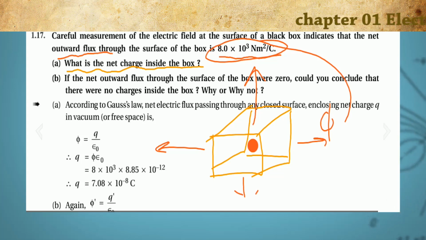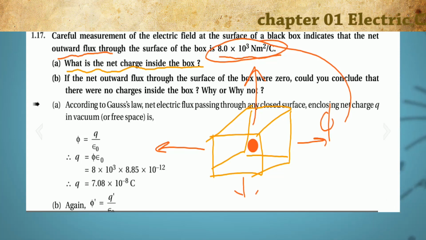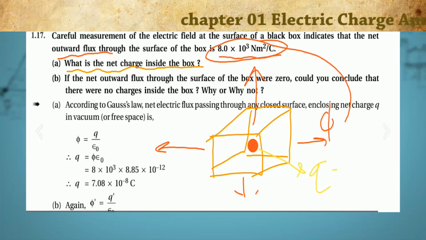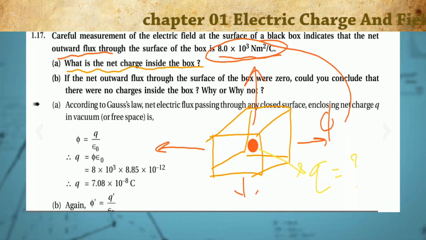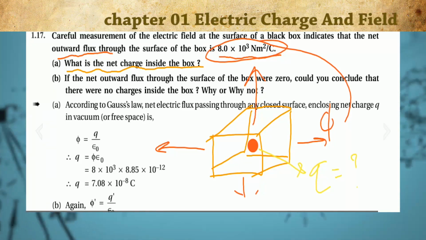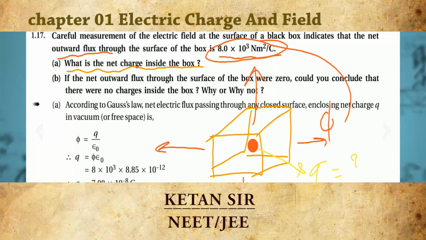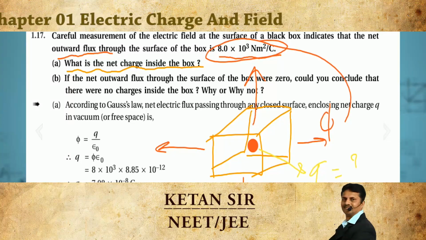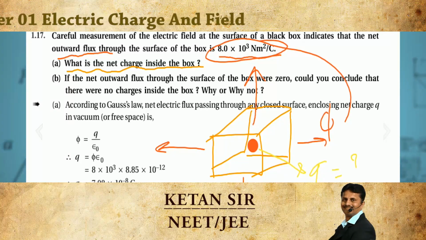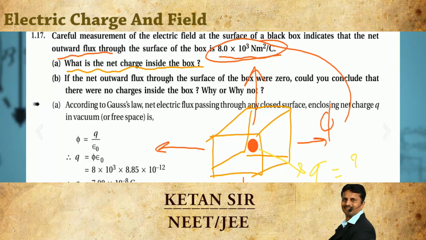In the first part, we want to calculate the value of charge within the box. Repeat the question: one box has an outward flux of 8 into 10 raised to 3 Newton meter square per coulomb, with some charge inside the box.